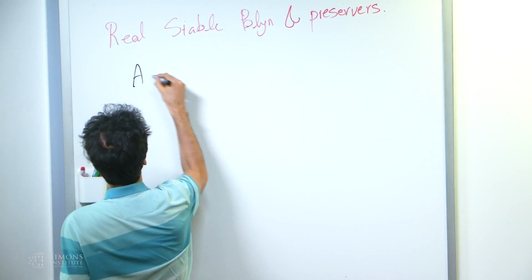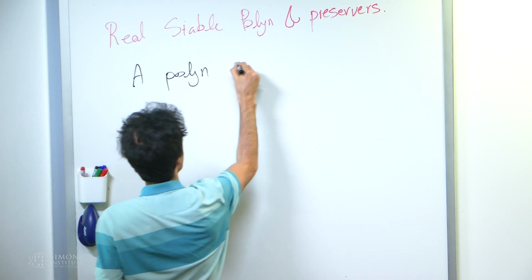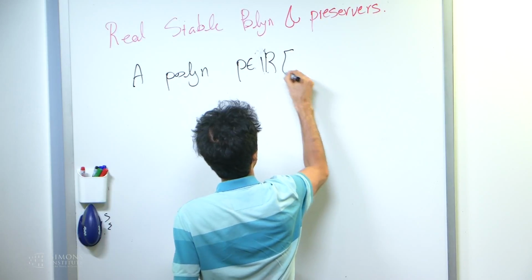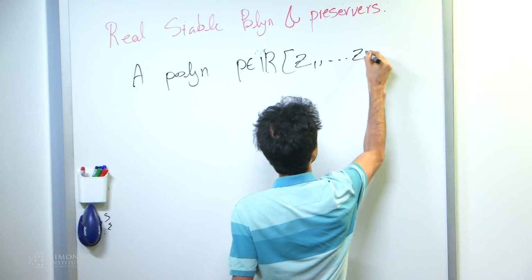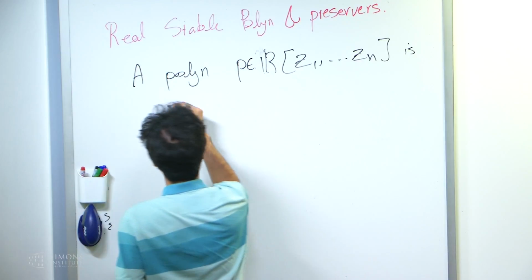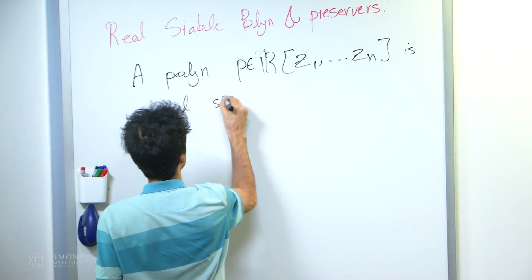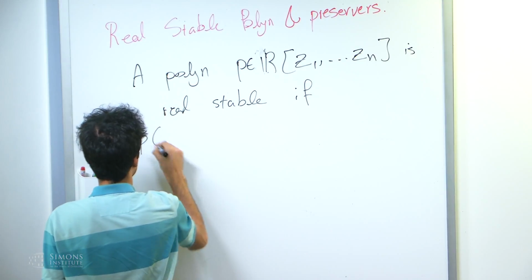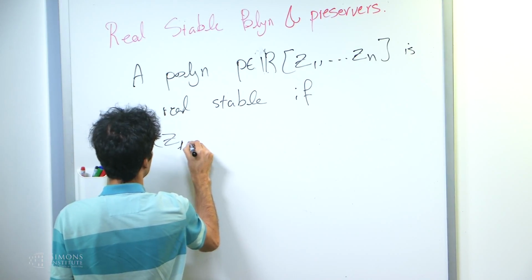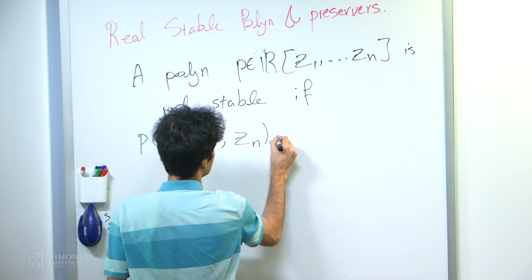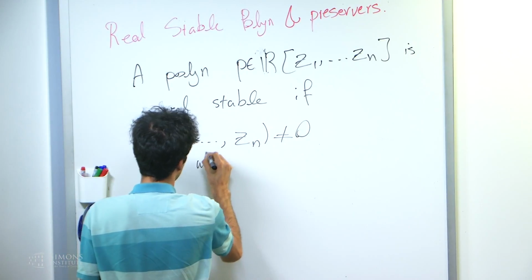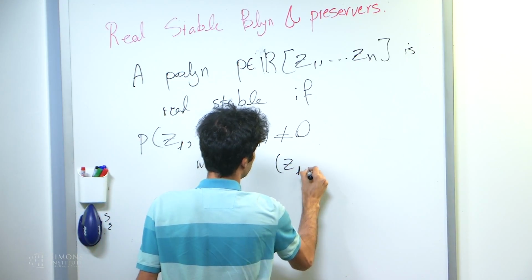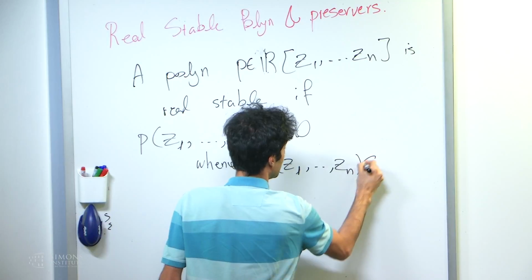So we say a polynomial P with n variables, z1 up to zn, is real stable if P of z1 up to zn is not equal to 0 whenever z1 up to zn is in H^n.